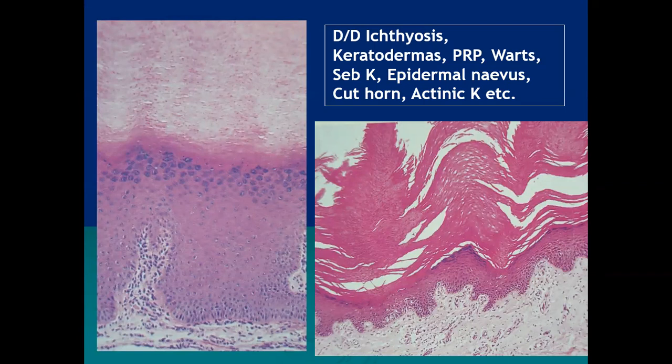So if you find a thick stratum corneum in a histopathology slide, it should automatically ring the bell in your head that we are dealing with some hyperkeratotic disorder.